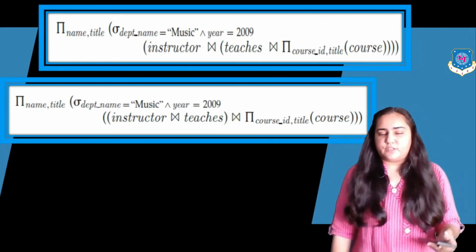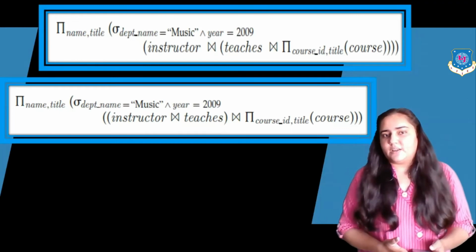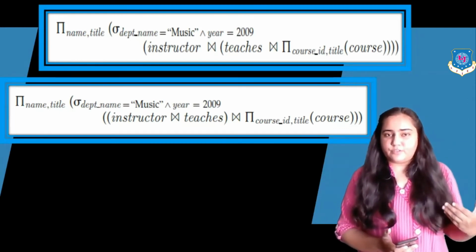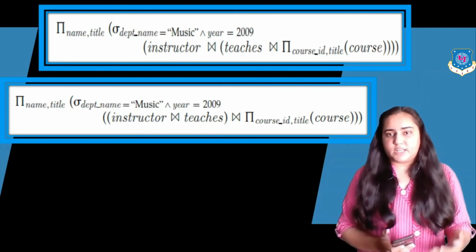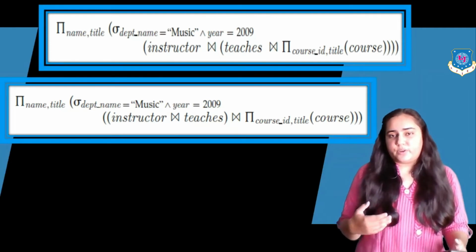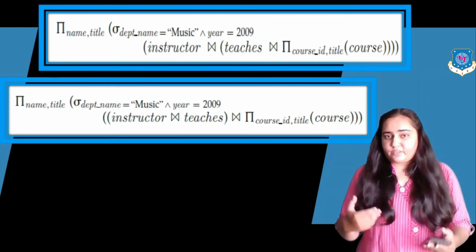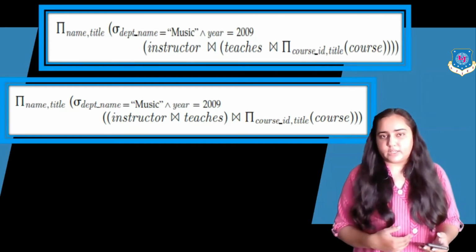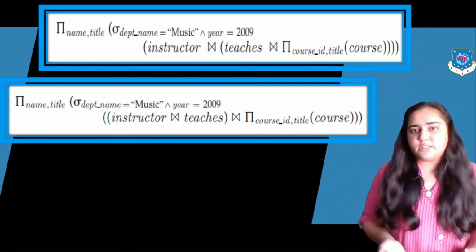And there's one bracket after teachers. So what exactly have I done? If you look at it, I have performed a natural join between instructor and teachers. They are together in one bracket, and then I've taken a natural join of the result with course ID and title of course. That's the only difference.